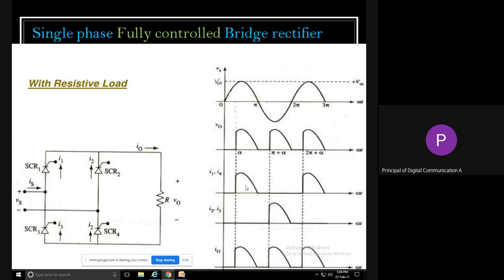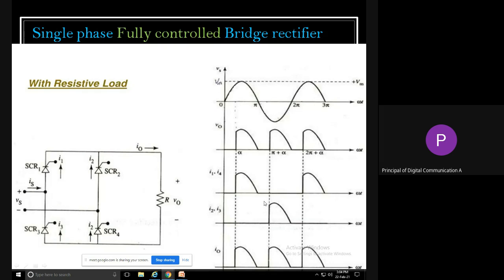Otherwise the current follows the voltage, and VO and IO are both the same. If you look at the amplitude, the current amplitude will be a little less. That is, if VO is 1 volt, then I will be less than that with reference to this voltage scale.